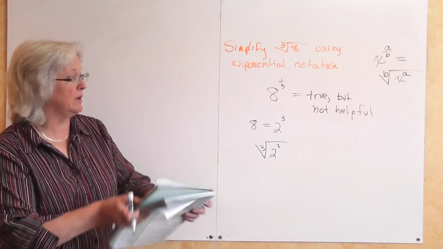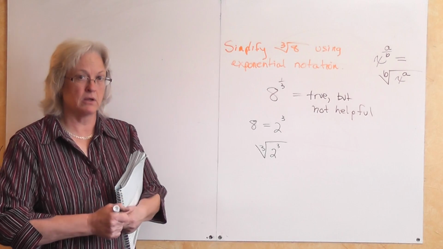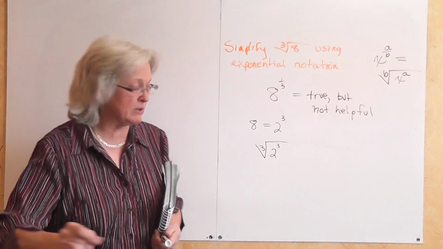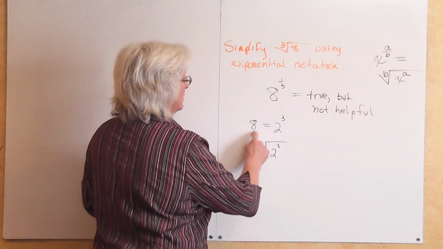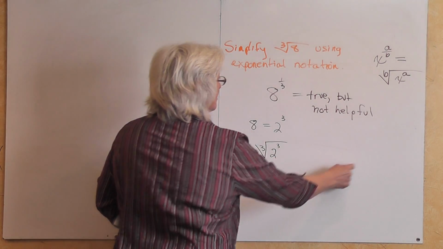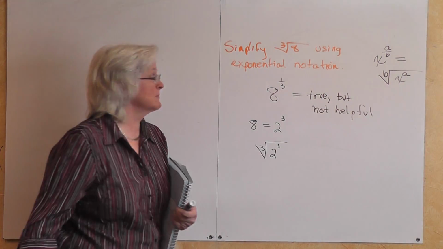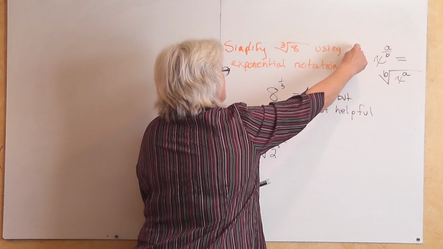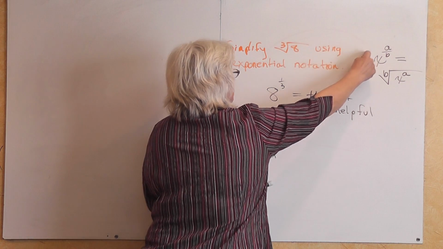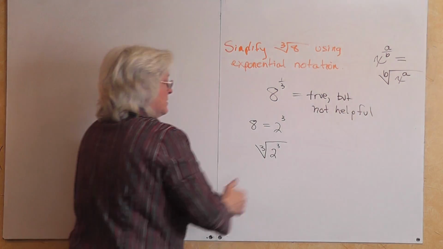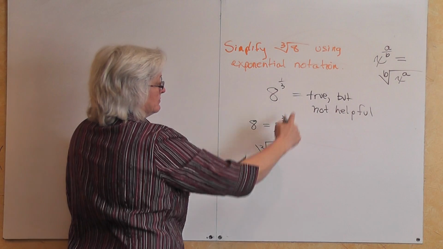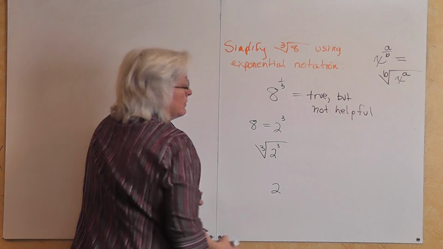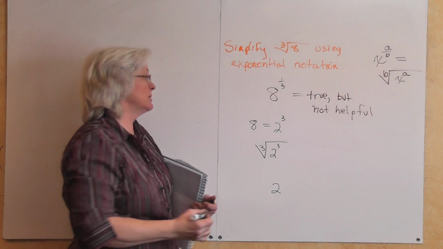Now we have all that we need to finish solving this problem, because we now have a radical representation that we can convert into exponential form. What is our base going to be? Our base is going to be the 2. What's going to be our fractional exponent?